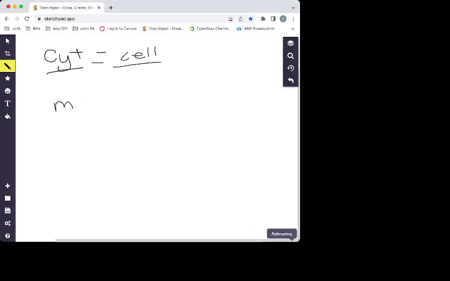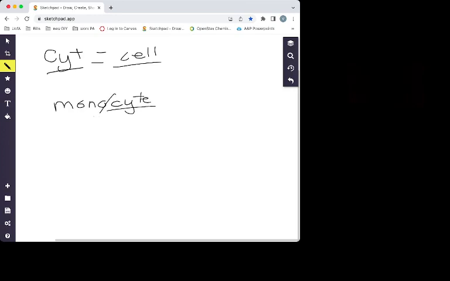Now we're going to talk about the cellular level of organization in the body. There are many types of cells in our body, and if you ever see CYT in a word, that means cell. So cyte means cell, and for example, you'll see monocyte. This word monocyte has cyte within its name.